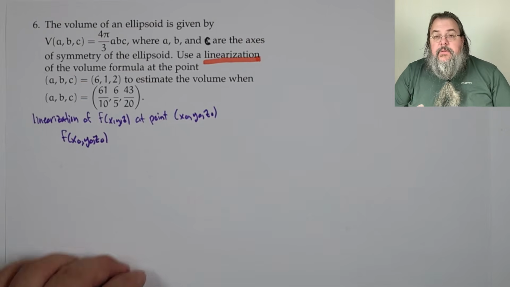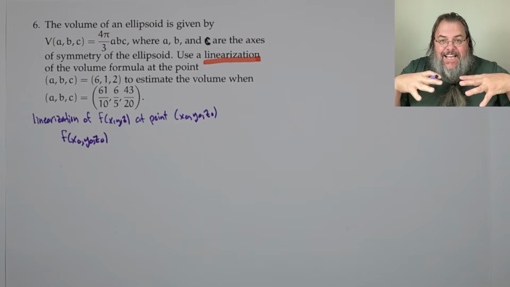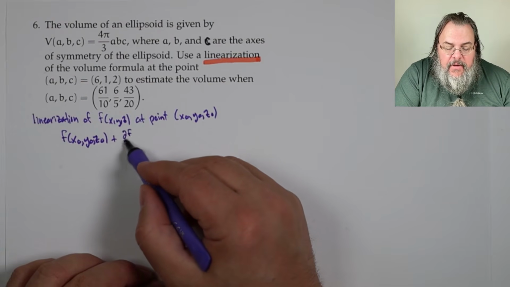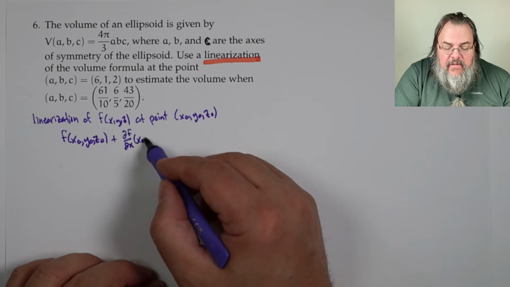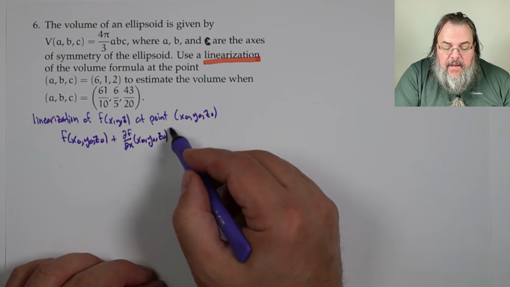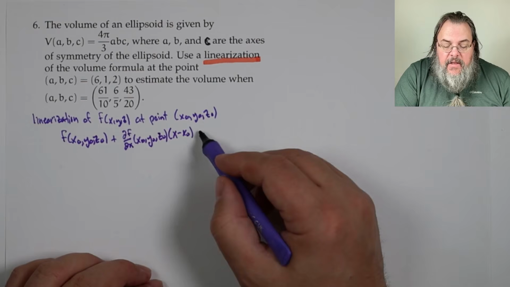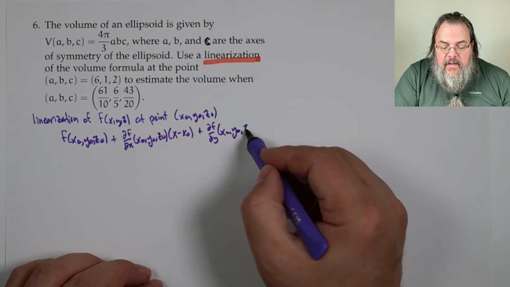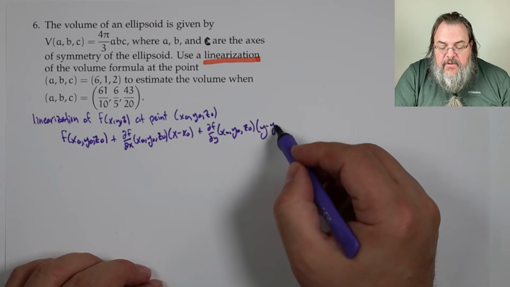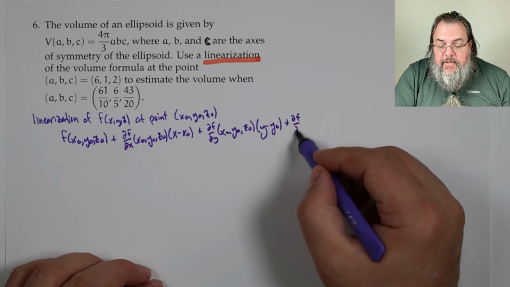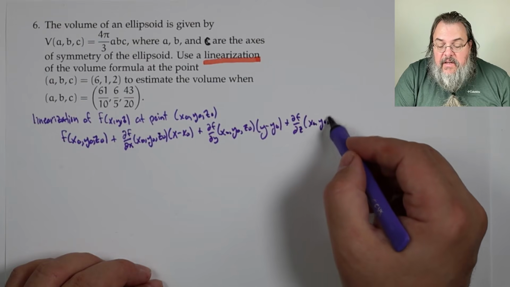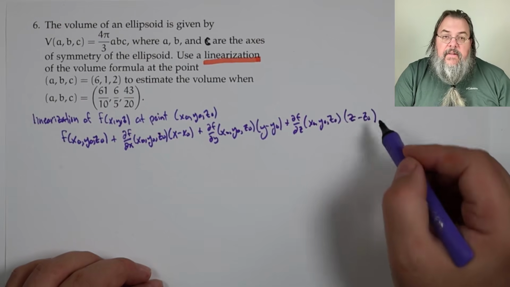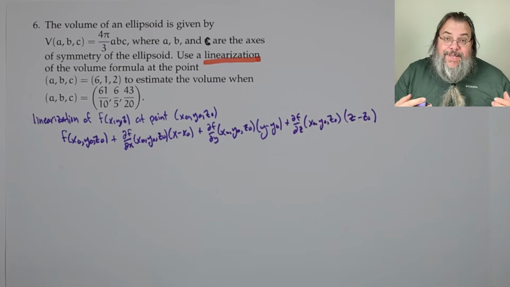So you have to say, where are you at that point? And then plus, what's the derivative of f with respect to x at x naught, y naught, z naught times x minus x naught? What's the derivative of f with respect to y at that point times how much you're changing with respect to y, plus the derivative with respect to z at that point times how much you change with respect to z.